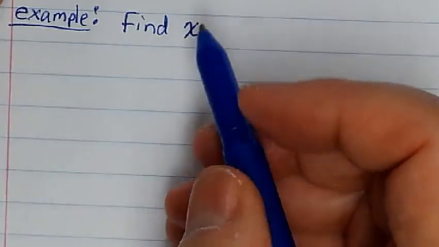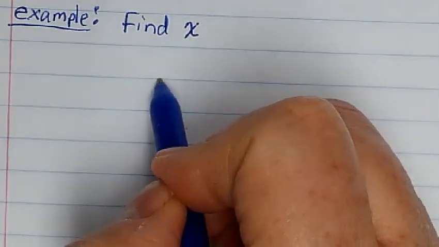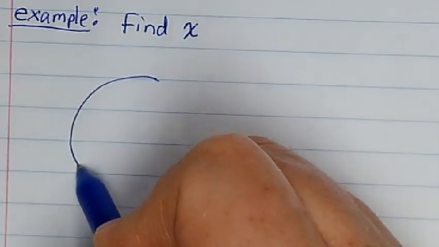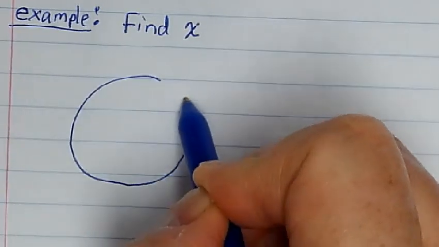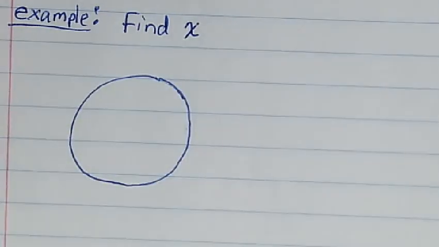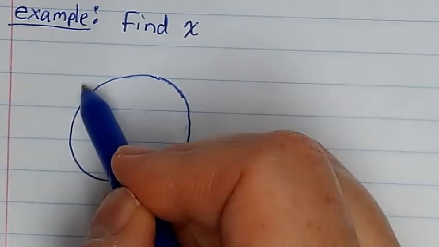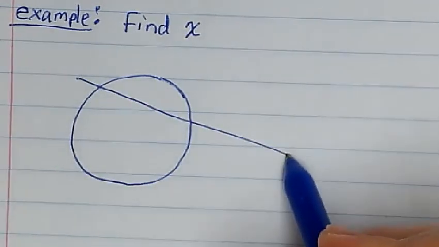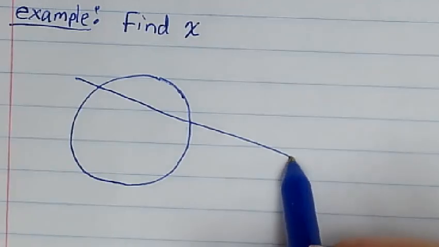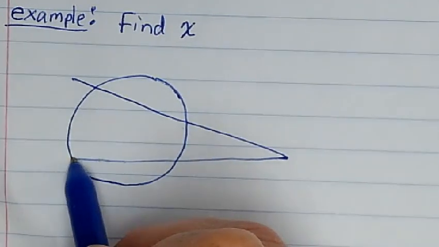So here it is. They're going to give you a circle, a nice, wonderful circle like mine, and they're going to give you a secant, and then maybe another secant.